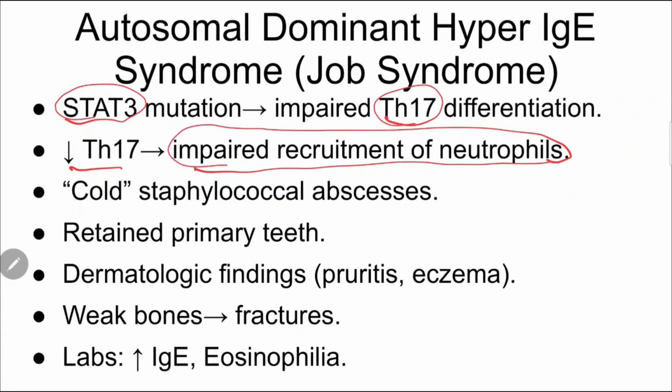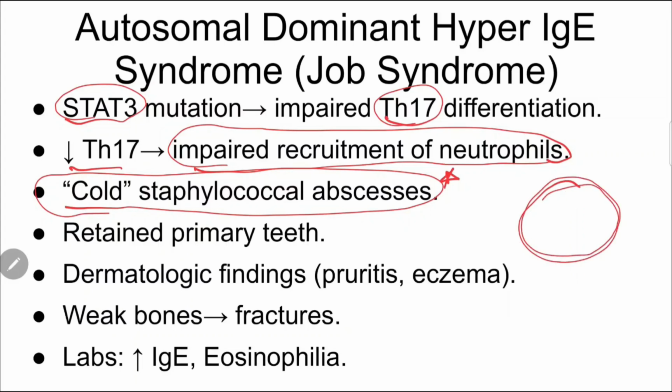And that is one of the reasons why we see cold staphylococcal abscesses. This is one of the highest yield findings in this disorder. Why cold? It's because if you don't have neutrophils in abscesses, then you have a lack of inflammation despite the infection, right? And you know that Staph aureus is one of the most common causes of abscesses, and that abscesses are basically a way of the body to wall off an infection.